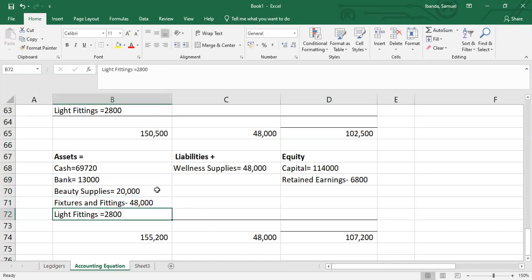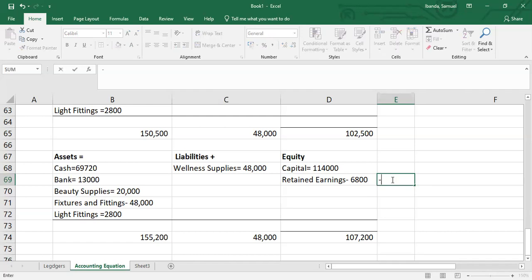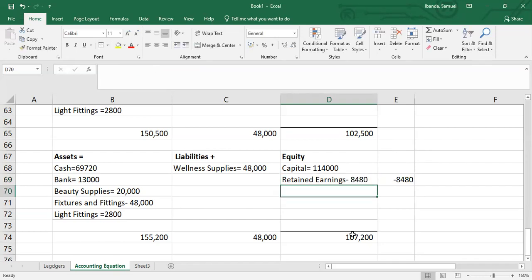There's no new asset coming through. It doesn't affect this, but it affects our retained earnings. Remember, our retained earnings at negative 6,800, we are reducing it more by the 1,680, which gets us to negative 8,480.